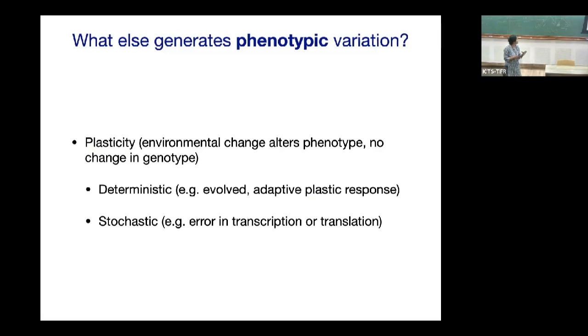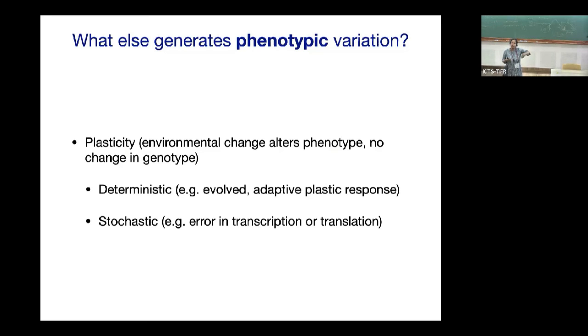Okay. You may also have plasticity that is an outcome of stochasticity, right? So for example, there are errors that occur during transcription, when you're going from DNA that's copied into mRNA or from mRNA to protein translation. The machinery that does all of this in our cells is prone to errors, makes mistakes. And those mistakes can then lead to differences in the outcome.